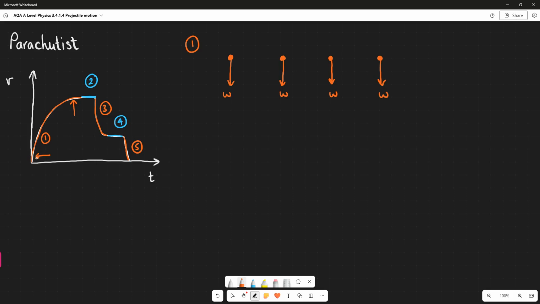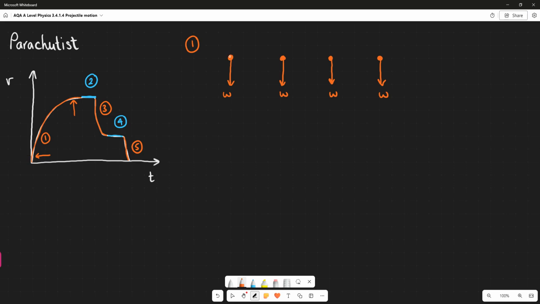Initially, they have very little drag because they have a very low velocity. If you look at this axis, this is the velocity axis. We've got 0 at the bottom and we have high numbers near the top. You can see that initially the velocity is very low, and that's because they haven't accelerated very much yet.